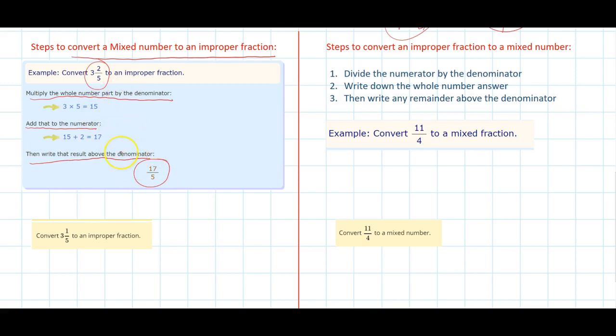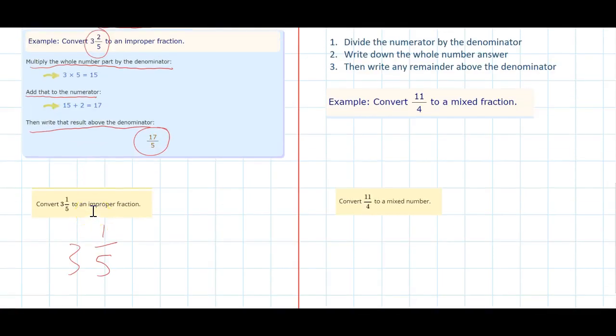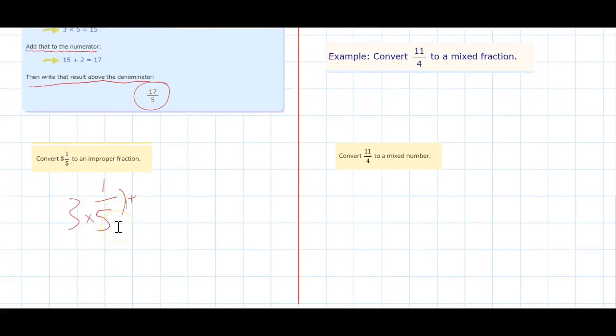Make sure you write down those 3 steps, and we're going to do a little practice right here using this one. We want to convert 3 1/5 to an improper fraction. Remember, you need to multiply the whole number by the denominator. So I'm going to multiply 3 by 5, and then I'm going to add that to the top. 3 times 5 is 15.